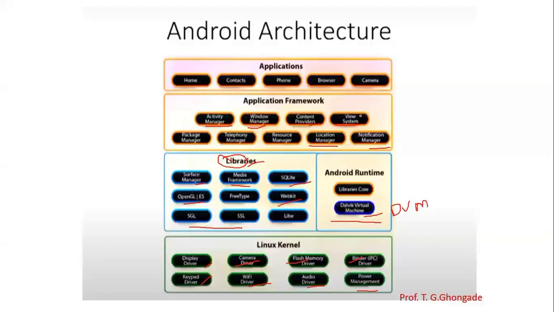And at the top of that, we have the applications. When you open your phone, you will find your home screen, then your contacts, phone, browser and camera. So all these applications run based on this particular Android architecture.